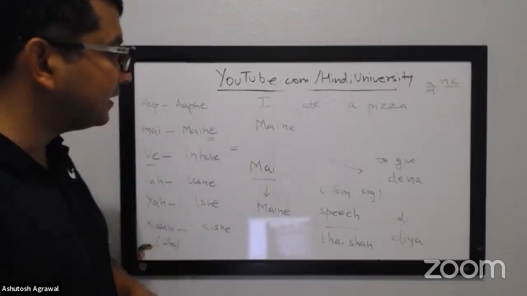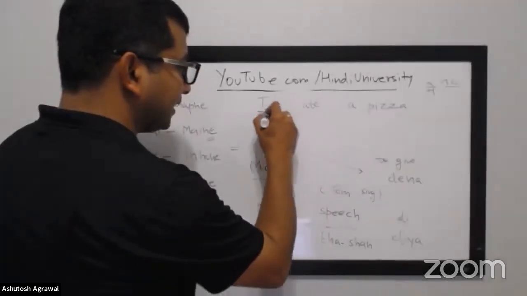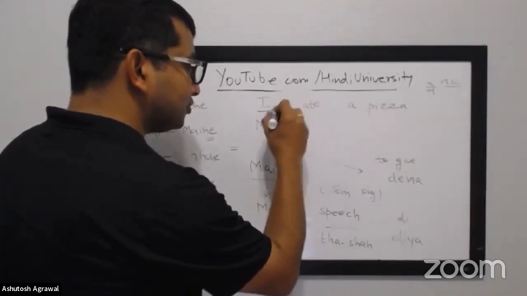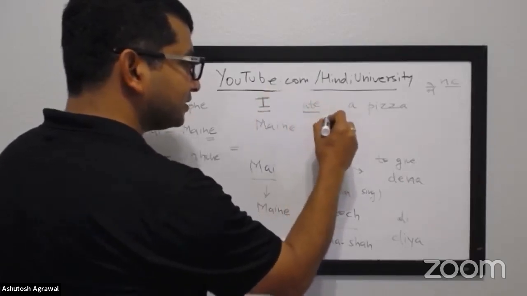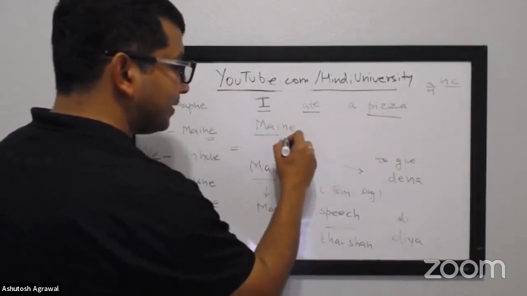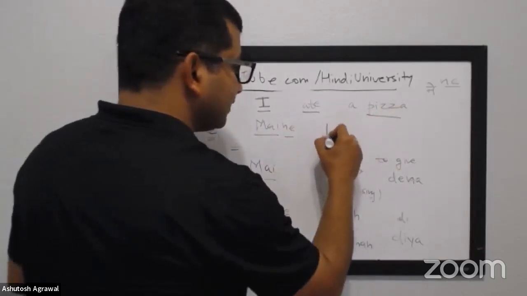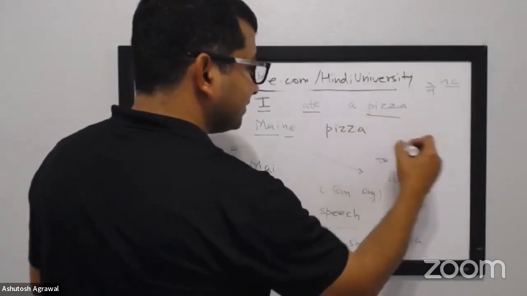Maine, because it's past tense. Okay, past tense, but how did you first think about it? Transitive, because you eat something. Right away you put maine, so you put ne here. Then you said pizza, and then the verb is khaya, from khana.